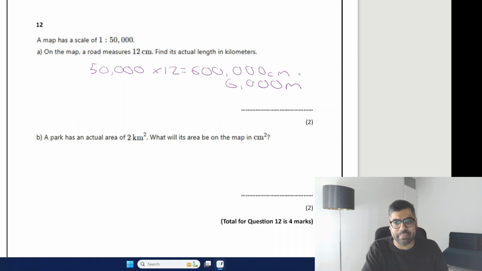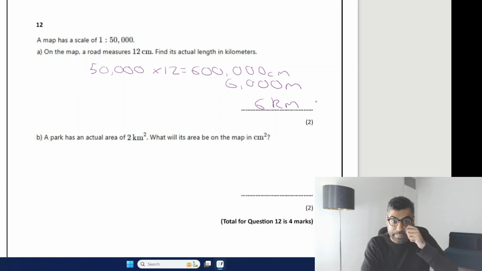And then you have 1,000 meters in a kilometer, so similarly, you knock off 3 zeros, dividing it by 1,000 to work out that there's 6 kilometers. So that's part A, nice, easy. A 2 marker, just pay attention to the fact that they want it in kilometers.